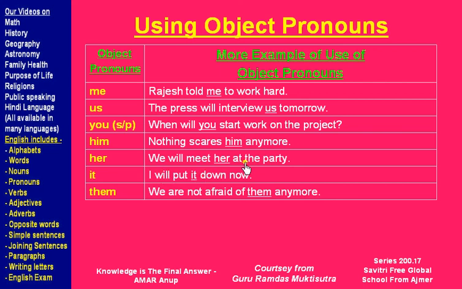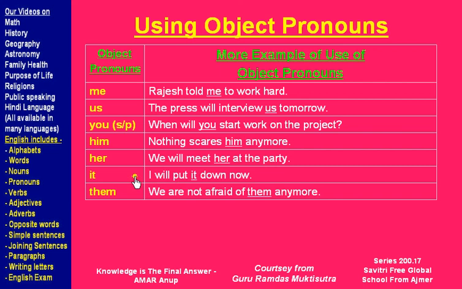We will meet her at the party. So will meet is the verb. We is the subject. Her is the object, because we are doing the action of meeting and she is the recipient of that action of meeting us. I will put it down now.